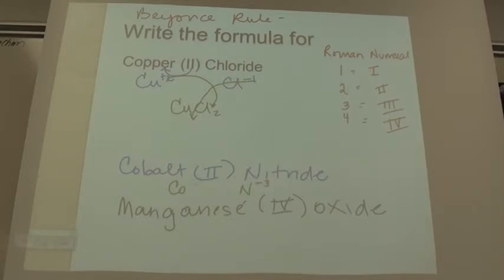Cobalt has a charge of +2. So when I crisscross that, I'm going to put the 3 here and the 2 there. Is that correct? Yeah.